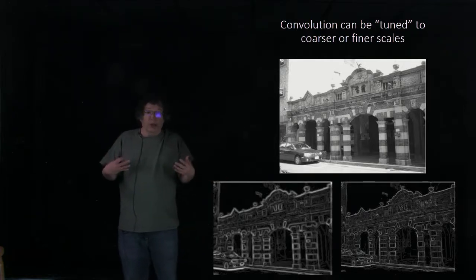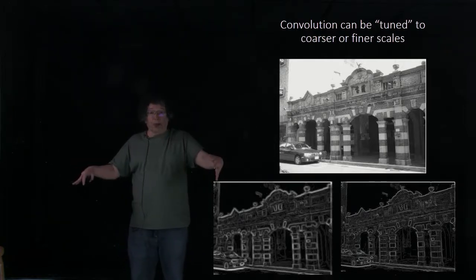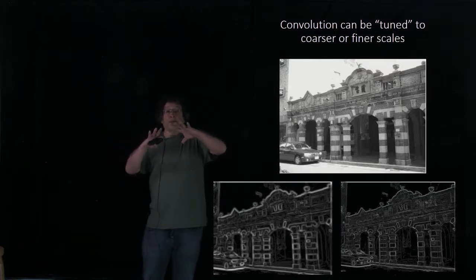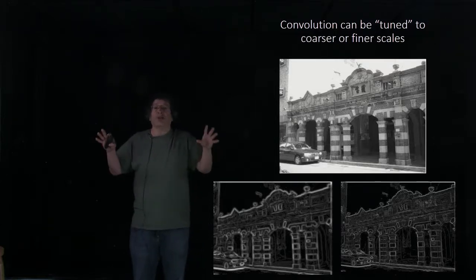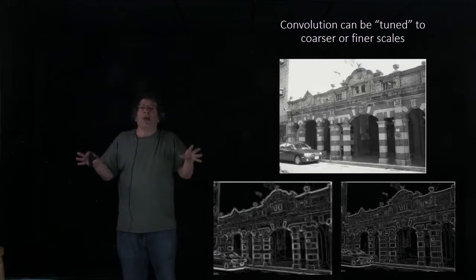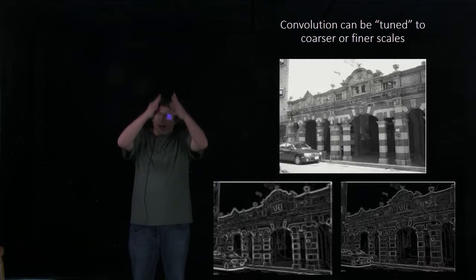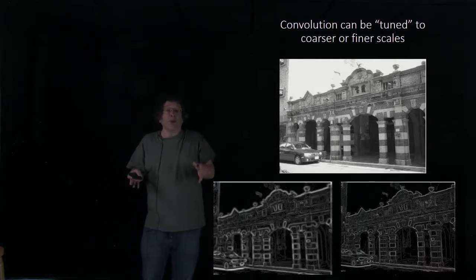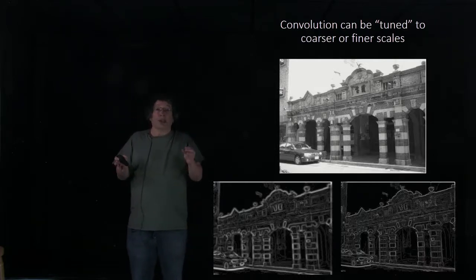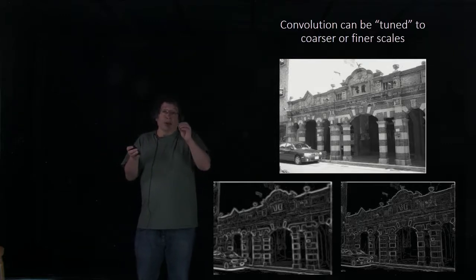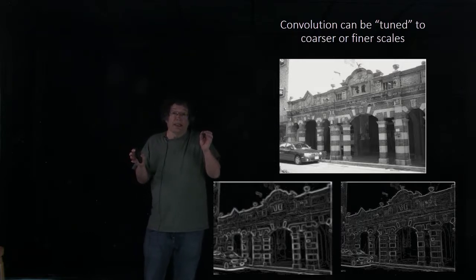In practical terms, the mild sombrero function corresponds to a very rough view of the scene where you're just picking up very large and important edges. A sharp sombrero function picks up more detail. It picks up edges that might be smaller or finer or corresponding to milder changes in intensity.